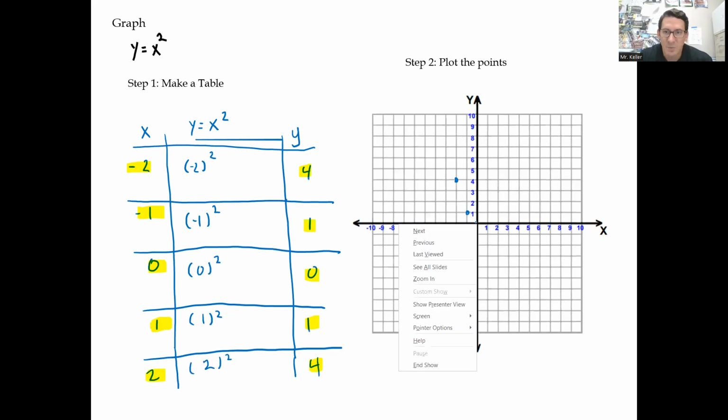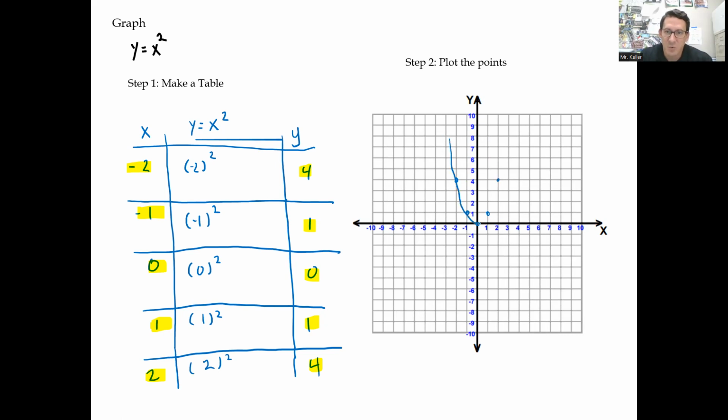Maybe if I do square points, is it going to do that? Anyway, 1, 1, 2, 4. There we go. Now I'm going to connect the points with a nice smooth line, best you can.